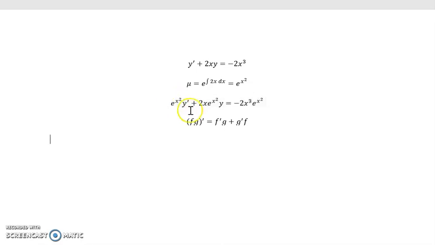Let's call it f. And then the derivative of that function, if I do the chain rule, I get 2x e to the x squared. And then our second function, g, is y. And if I take the derivative of that, I get y prime. So I have one function that's not a derivative with one function that is a derivative, and then the opposite. So that is our product rule side of the equation.